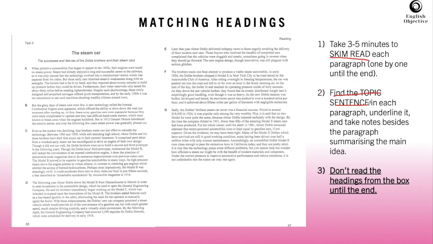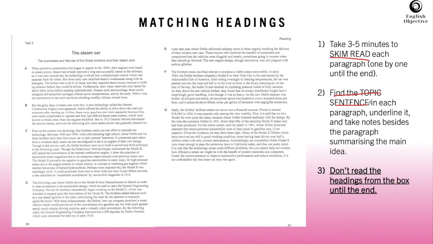In English, it is usually found at the beginning and at the end of the paragraphs. So, what I usually recommend is that you read 2-3 lines, and I say lines, not sentences, at the beginning of your paragraph and 2-3 lines at the end.